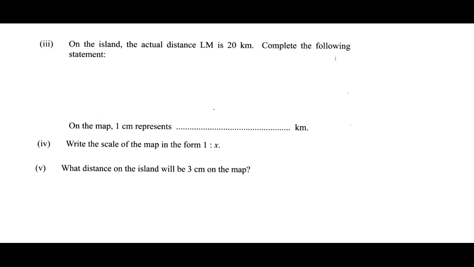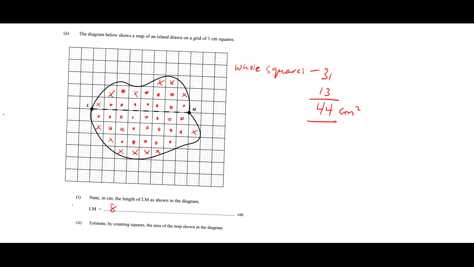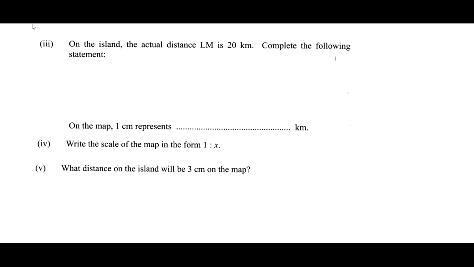Now, in the third part, we have on the island, the actual distance LM is 20 kilometers. Complete the following: 1 cm represents how many kilometers. Alright, so we just measured the length LM and we got 8 cm. And what they're saying is that the actual distance is 20 km. So 8 cm on the map represents 20 kilometers in real life, right?